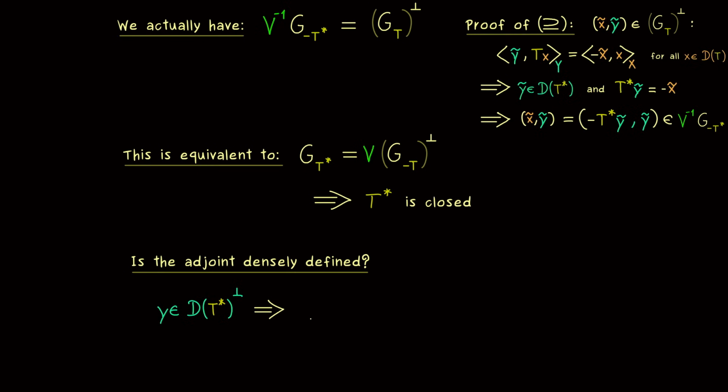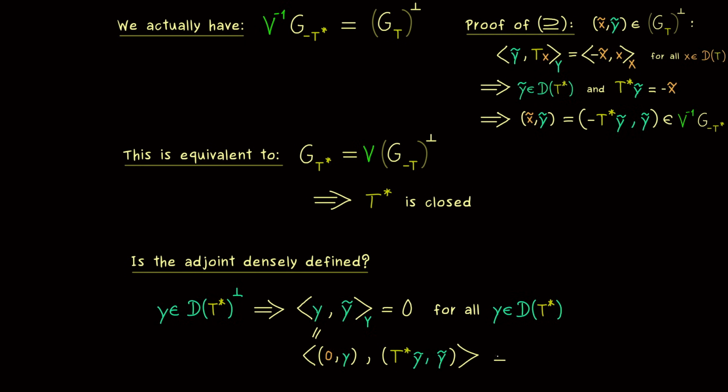domain. So by definition, this means that y combined in the inner product with any element from the domain is equal to 0. And now if we want, we could arbitrarily rewrite this as an inner product in X times Y. Then we could just take the element 0, y together with the pair T star y tilde, y tilde.